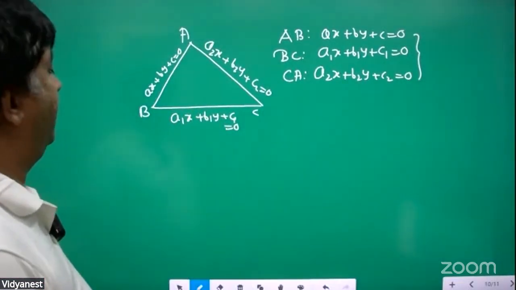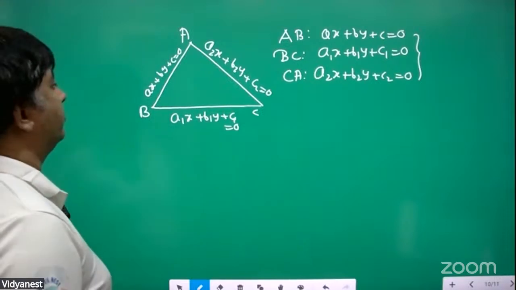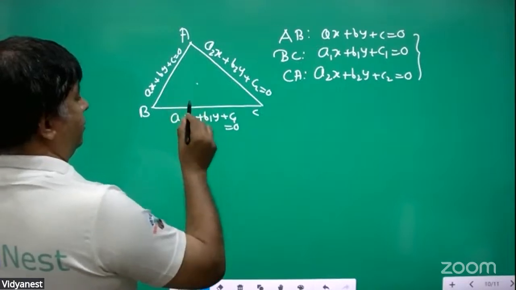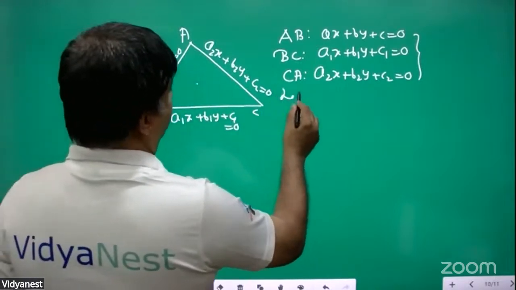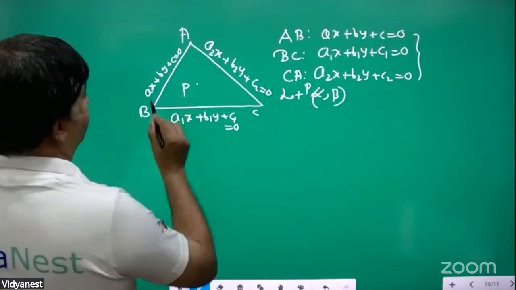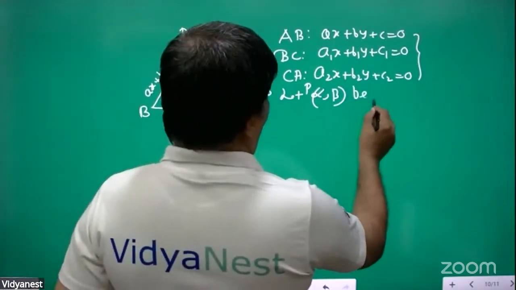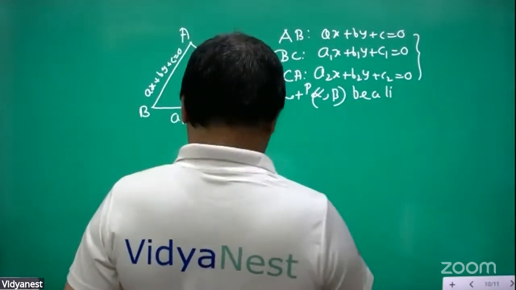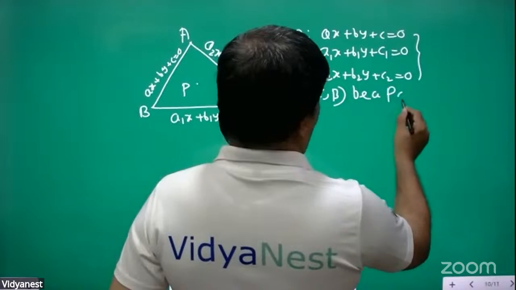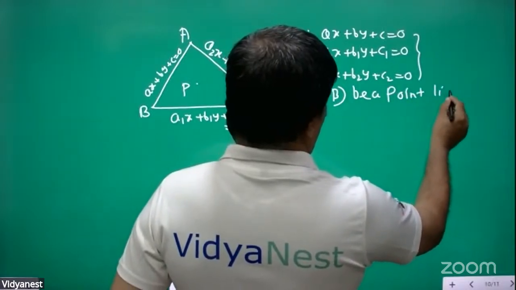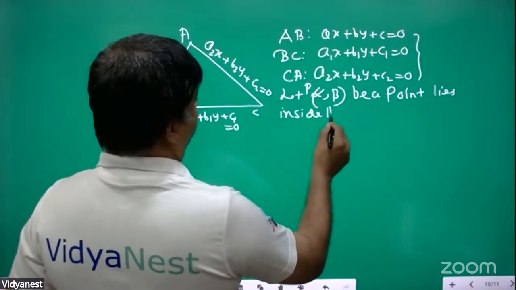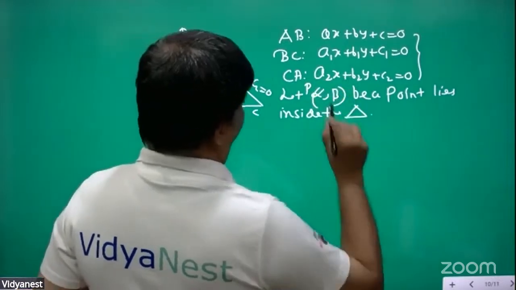Okay. Now, let us take one point. Let P (alpha, beta) be a point which lies inside the triangle.